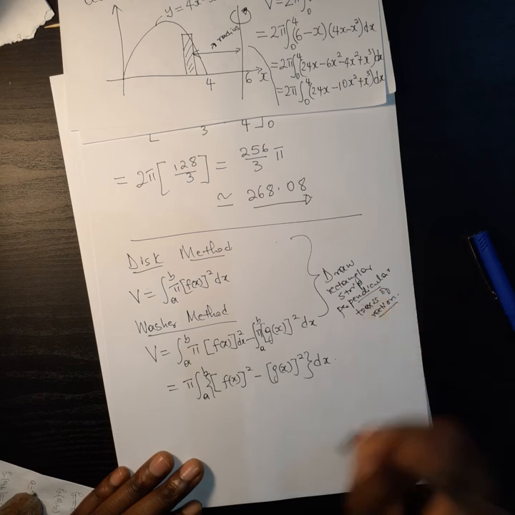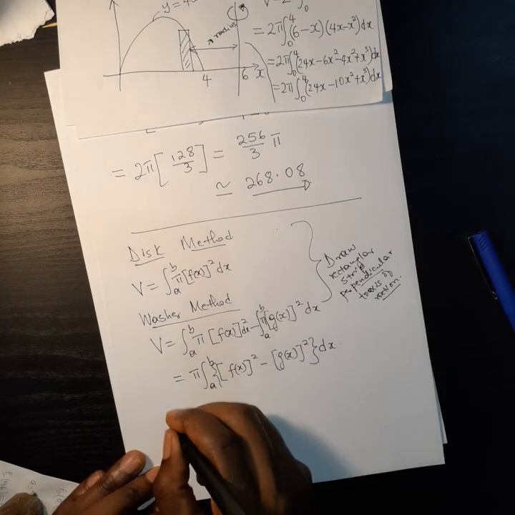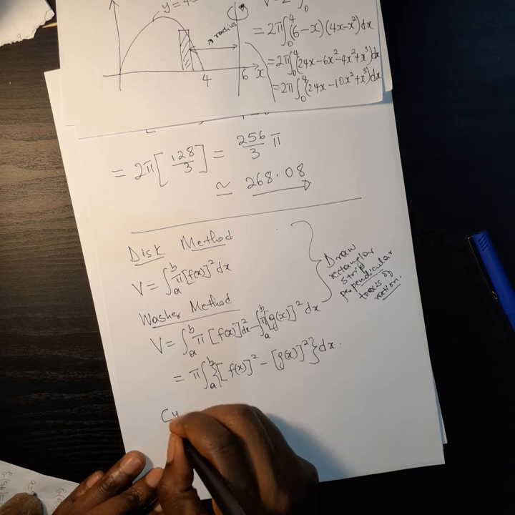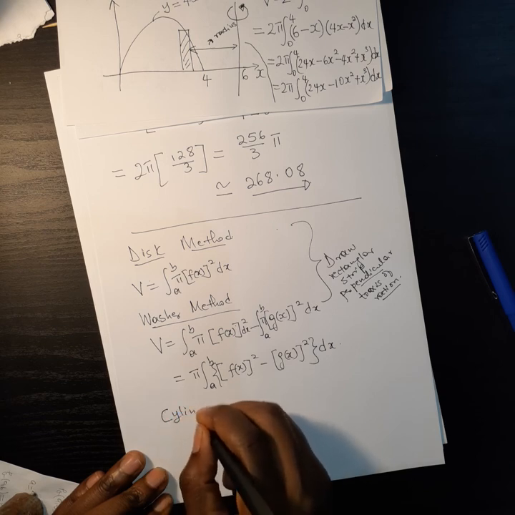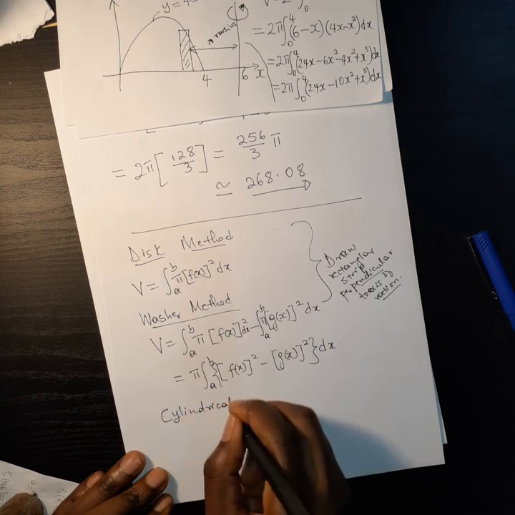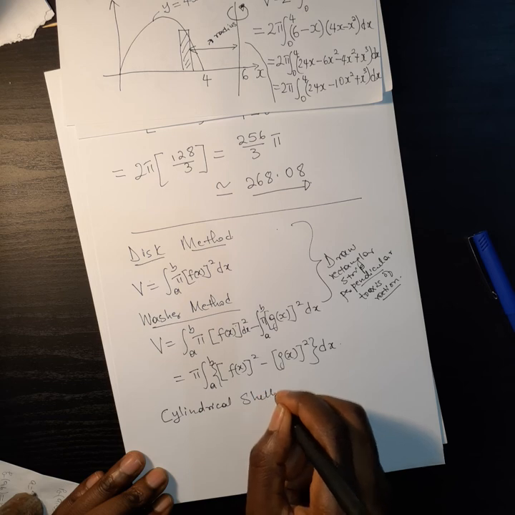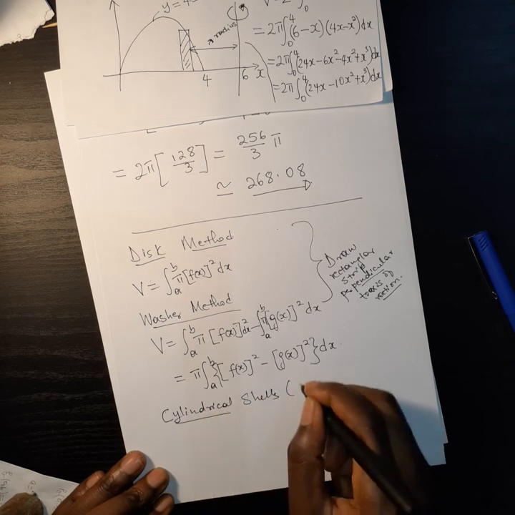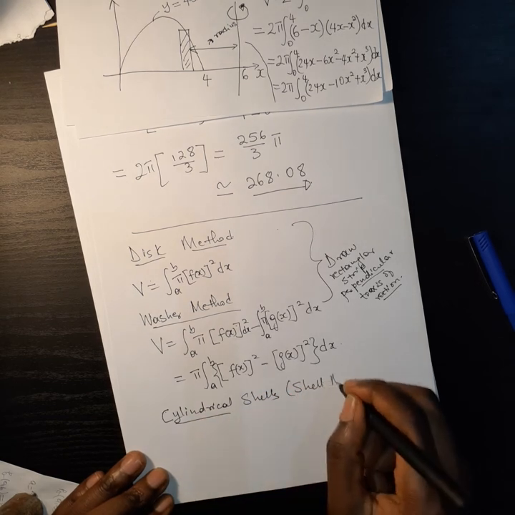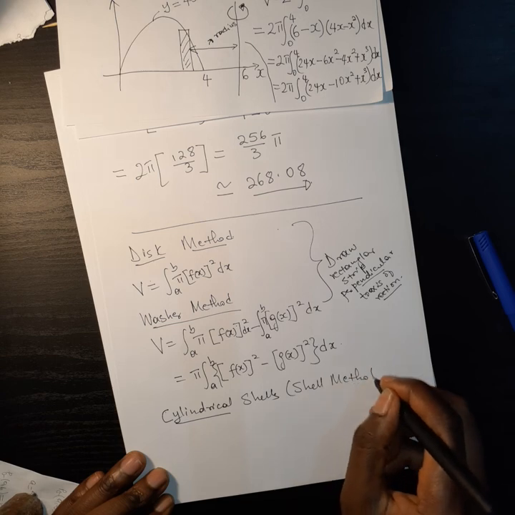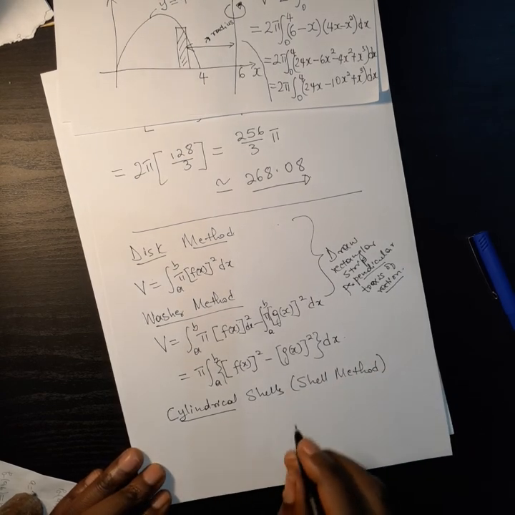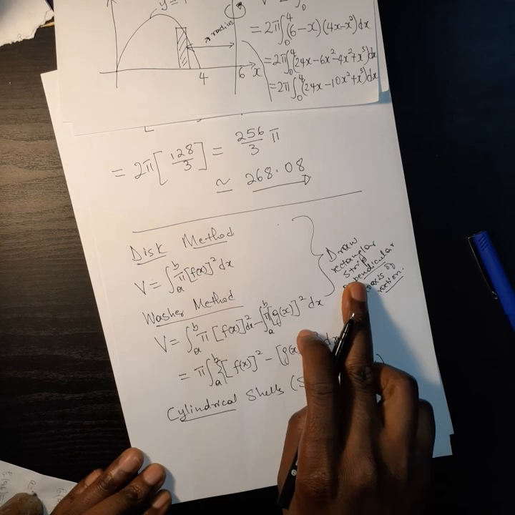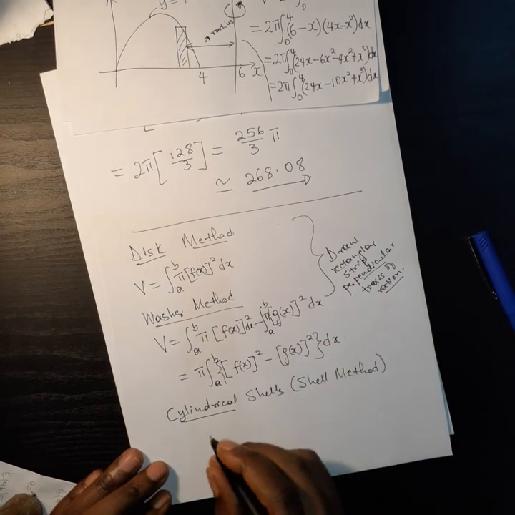It's important. And then we have cylindrical shells, or simply the shell method, where now you draw your representative rectangular strip parallel to the axis of rotation.